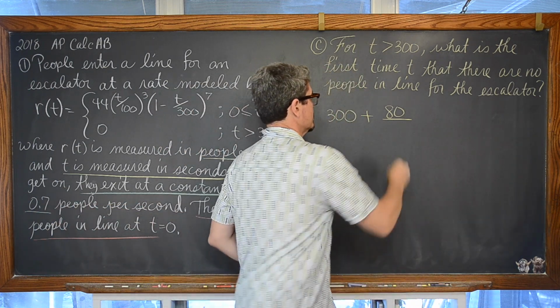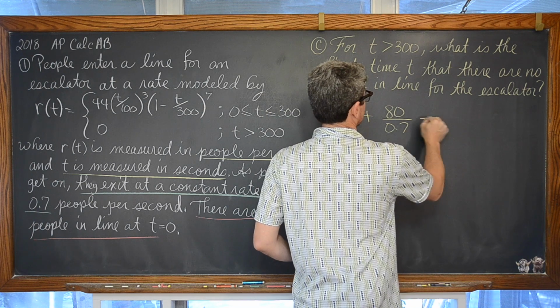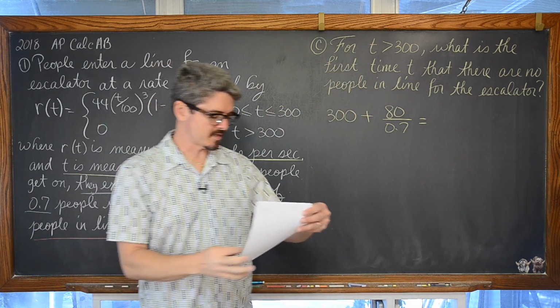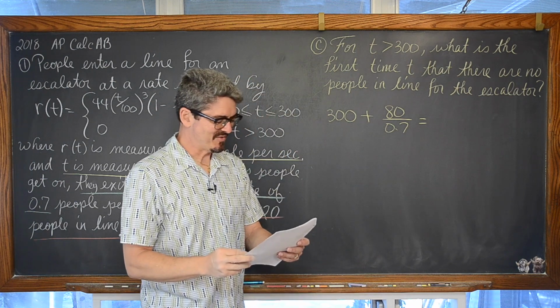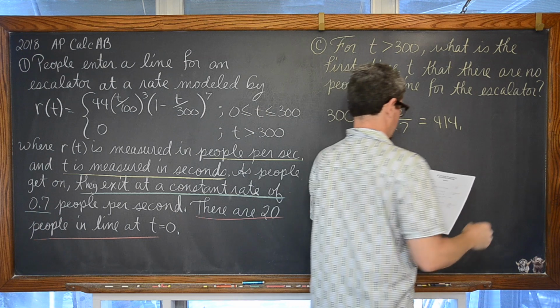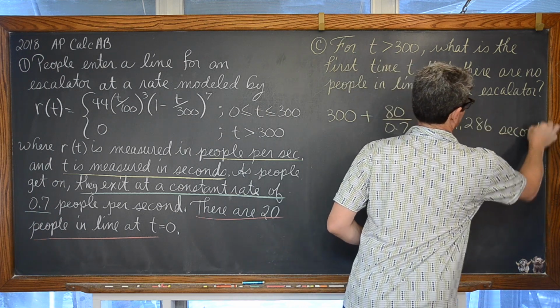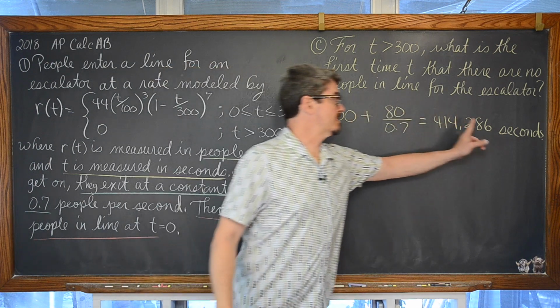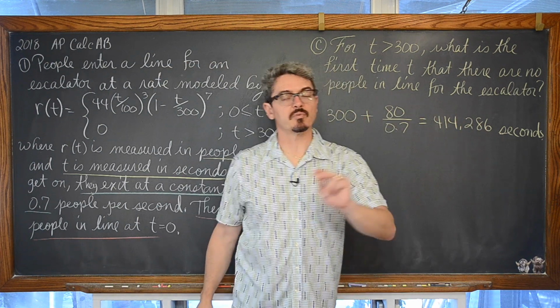So we just have to divide this by 0.7 and get our final answer, which is 414.286 seconds.